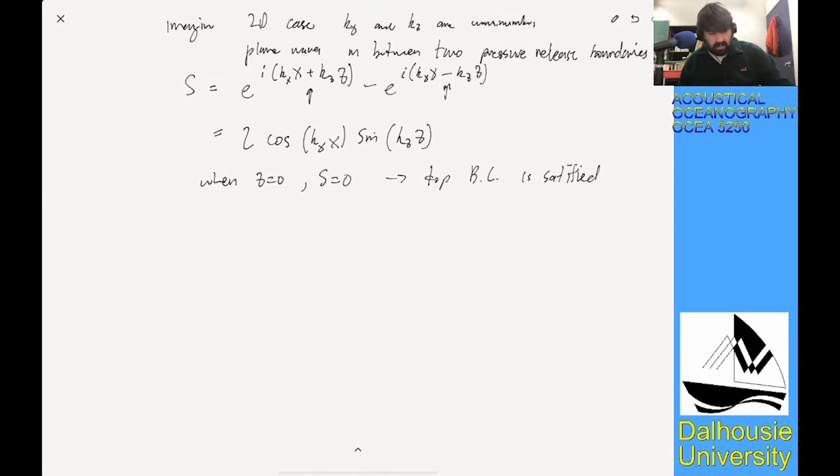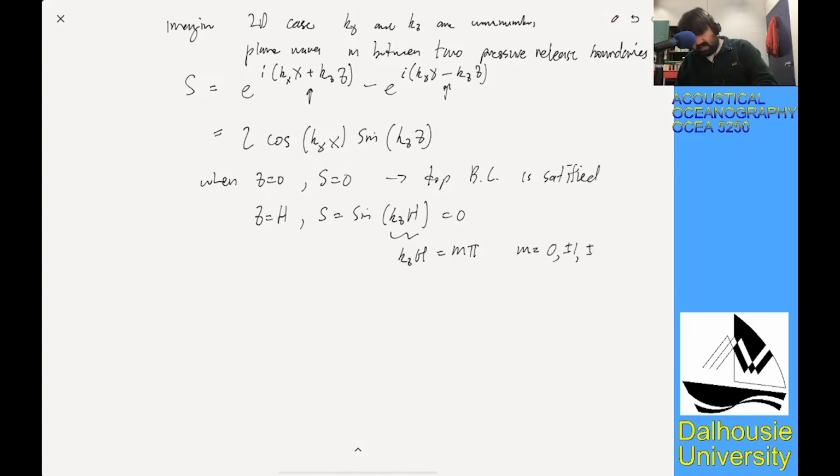When z is equal to h, we're going to need s equal to sine kz h equals 0, which is going to require us to make kz h equal to m pi, where m can be 0, plus or minus 1, plus or minus 2, dot, dot, dot.